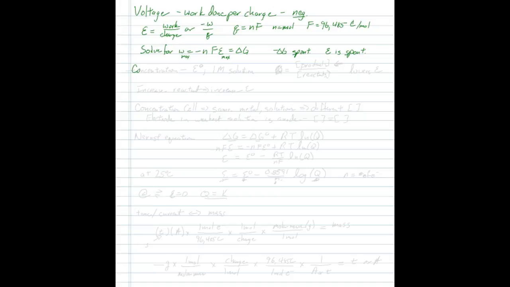Now we're going to study the effects of concentration. How does concentration of solutions affect the voltage? E naught means standard conditions, which is 1 molar, 1 atmosphere and a bunch of other stuff, but we're dealing with solutions here.